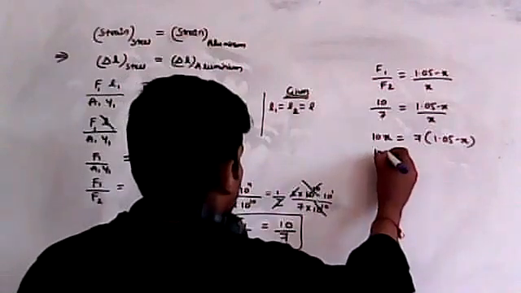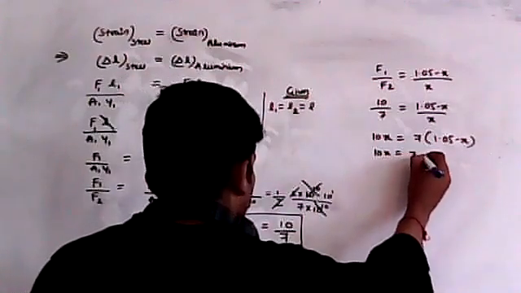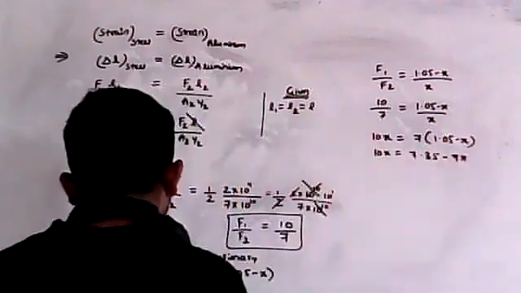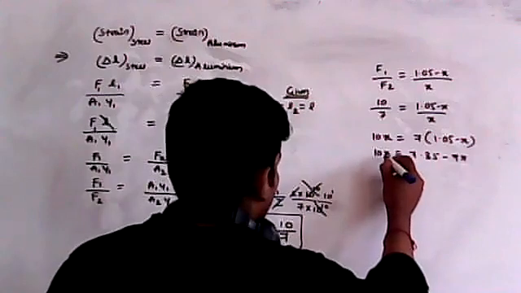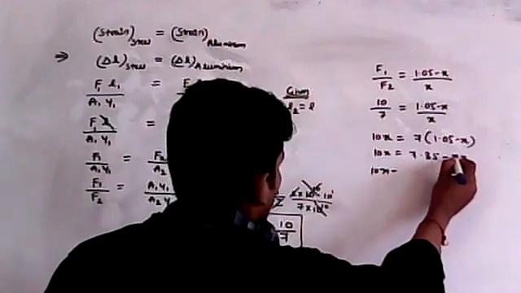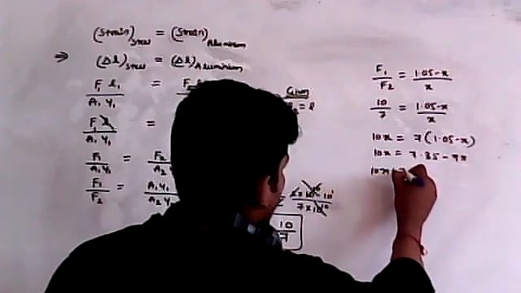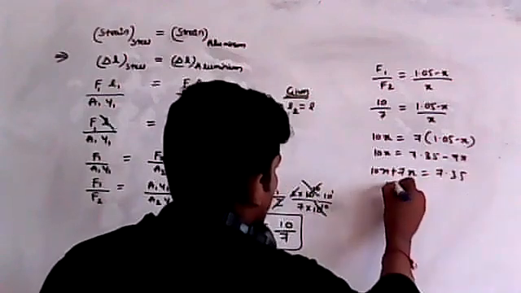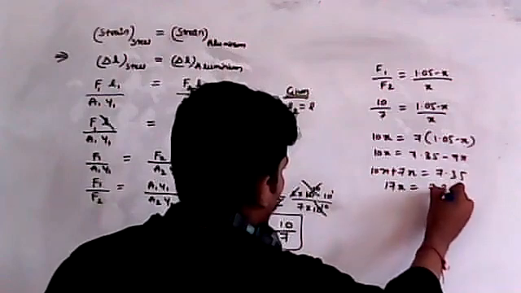10x is equal to 7.35 minus 7x. 7 into x is 7x. Once it comes to this side, it becomes plus, so 10x plus 7x, that is 17x, is equal to 7.35.